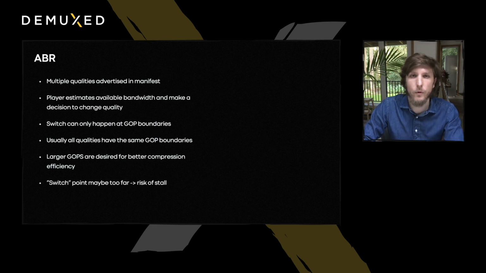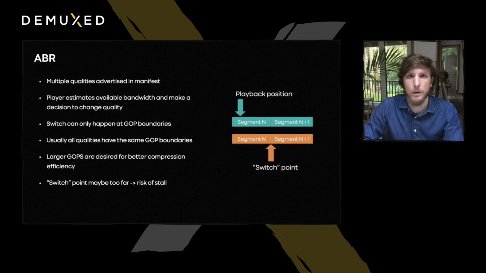The switch point may be too far, hence the possible risk of a stall. Here is an illustration of such a problem. Playback position is at the beginning of the segment. With a 10-second segment size, the player can only switch in 10 seconds. So the player can either jump and skip over the current segment, or it can keep playing the current undesirable bitrate and then request a segment at lower quality.